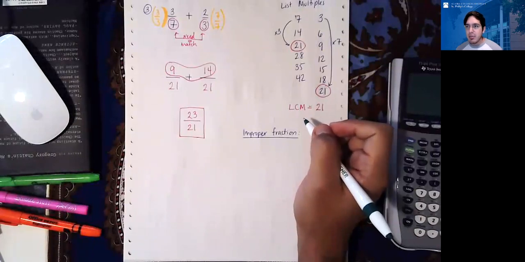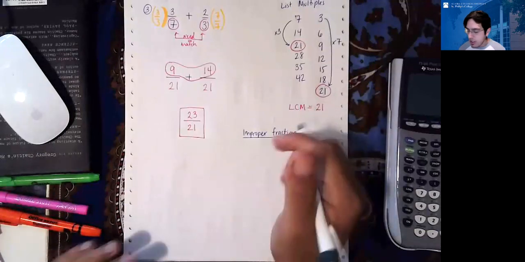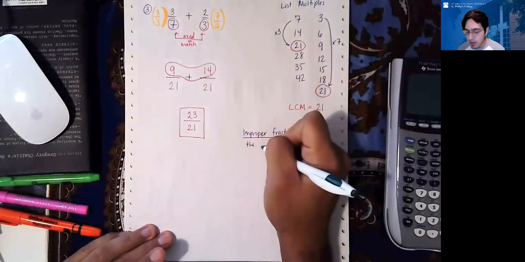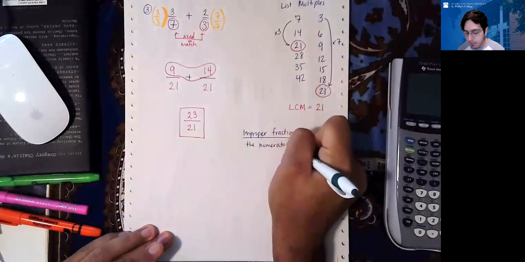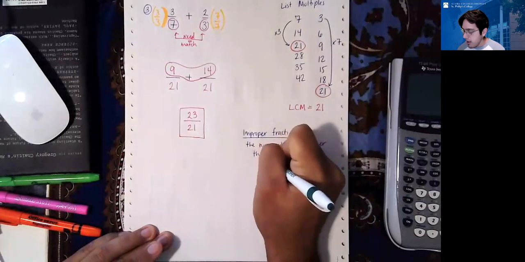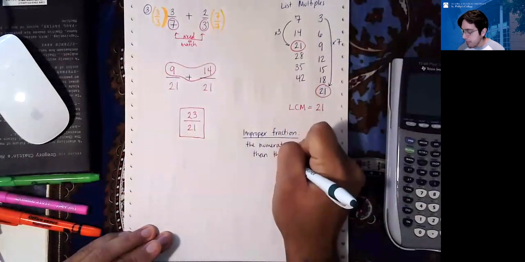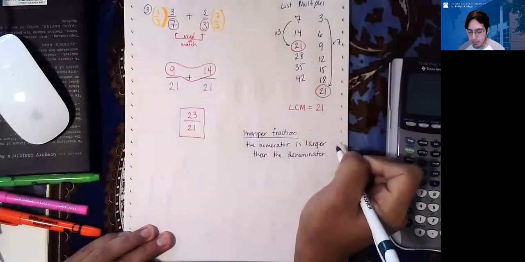We'll talk about mixed numbers a little bit next week. But an improper fraction, the definition is that it's a fraction whose numerator, that is the number on top, is larger than the denominator, or the number on bottom.